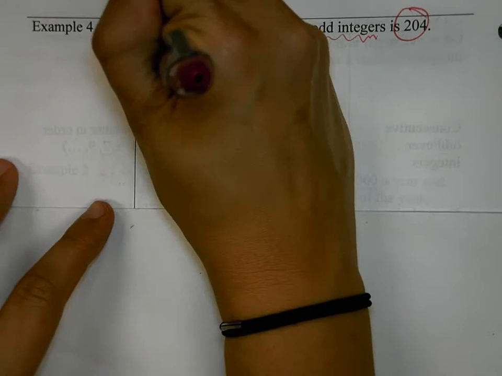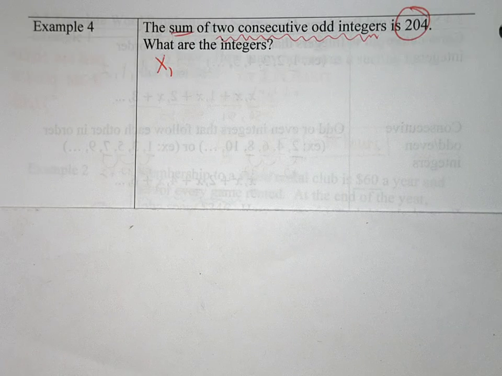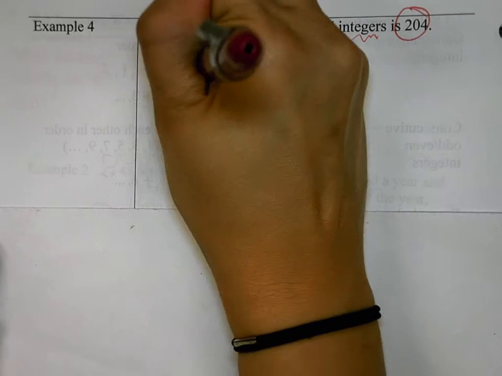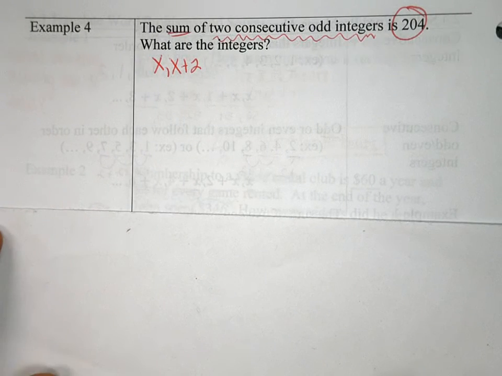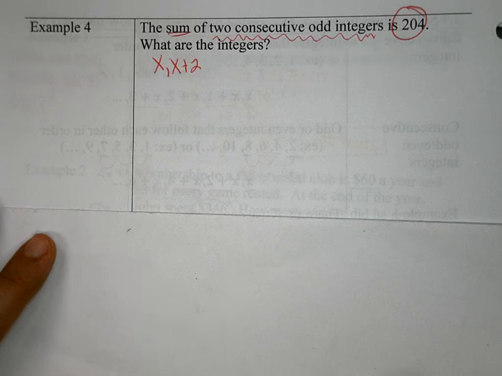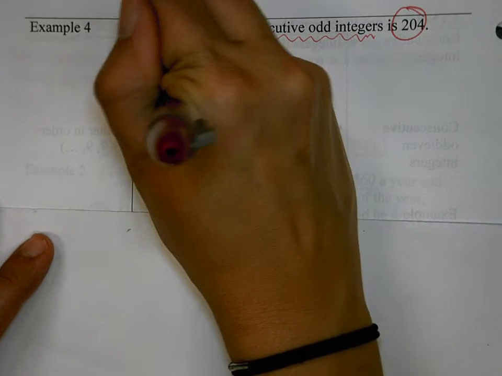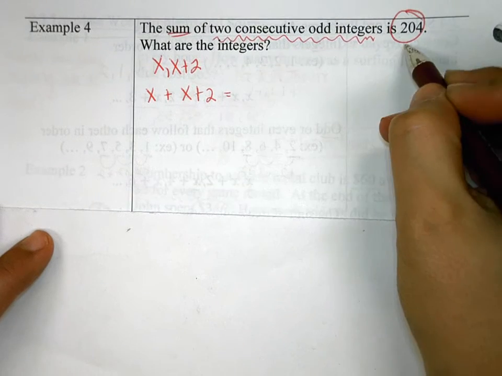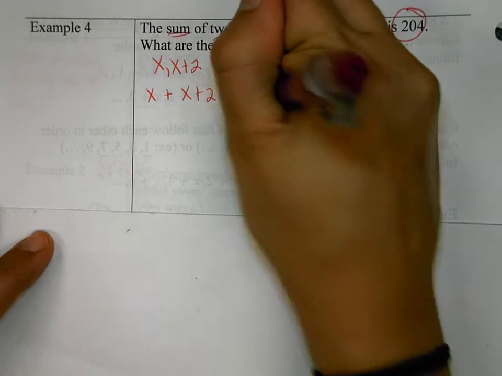If I start with x, in order to get to the next odd integer, I have to add 2, because I need to skip over that one even one in between the two of them. So x plus x plus 2 is supposed to equal 204.